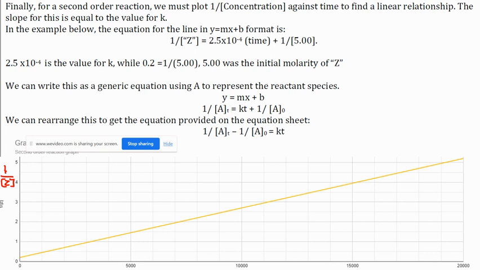This is where your calculator comes in handy because it can graph these 3 different things very quickly for you. And you just look for the one that gives you the straight line, which tells you what order it is.